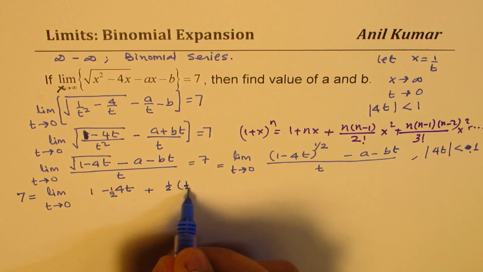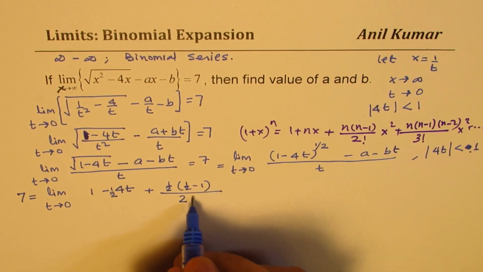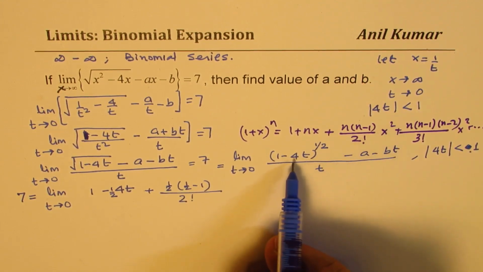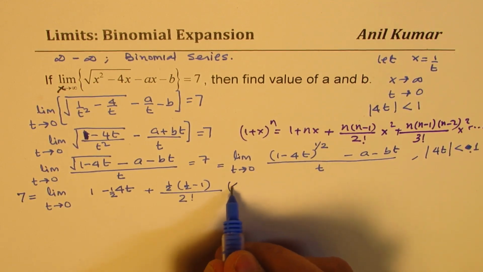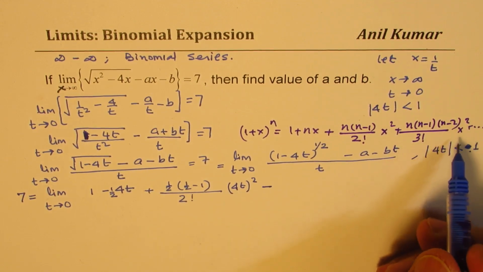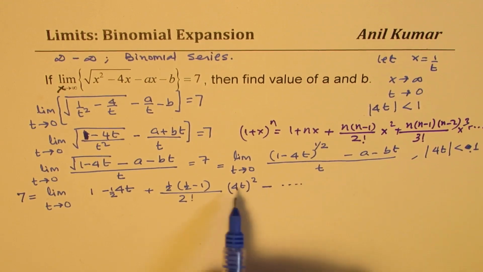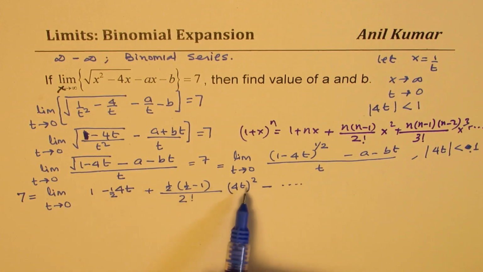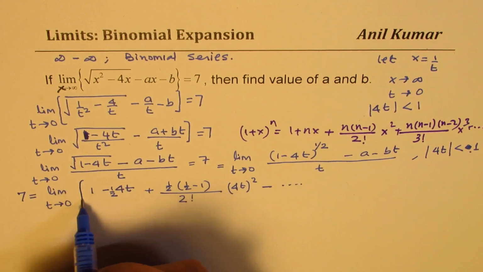So half times (half minus 1) over 2 factorial, which is 2, and x squared means (4t) squared. So we'll write this as (4t) whole squared, minus, because the next term is cubed, so that will give you minus, and so on. I'm not writing the other terms since t is approaching 0, and for higher powers of t, those terms will approach 0, correct?